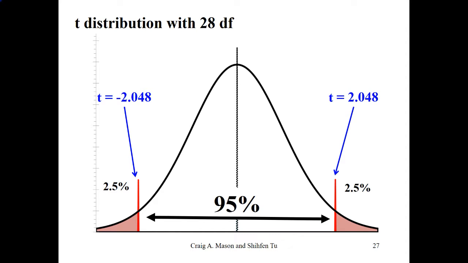The second point I want to make before wrapping this up is this. Notice if we look at the t-distribution, we can see that the t-score we use to calculate the 95% confidence interval is also the same t-score that we would need in order to reject the null hypothesis if we were doing null hypothesis testing with an alpha of 0.05.